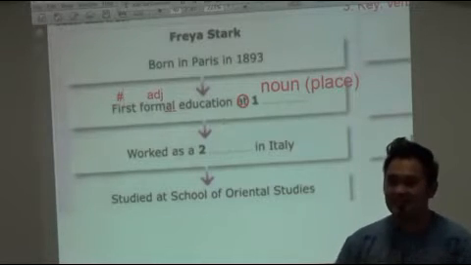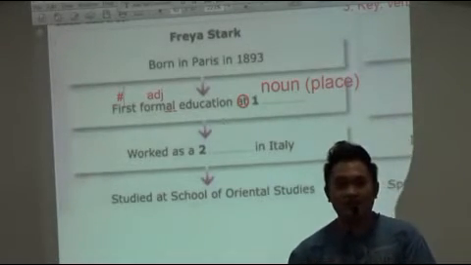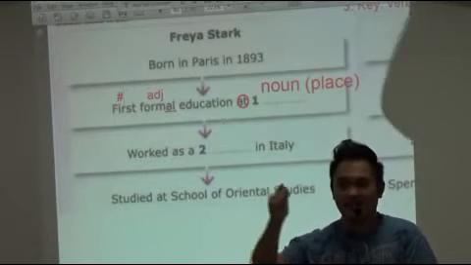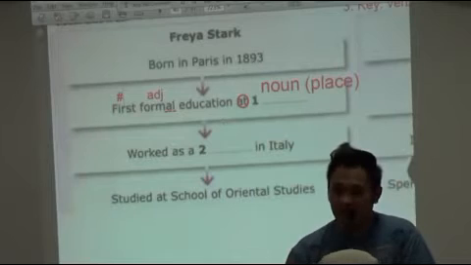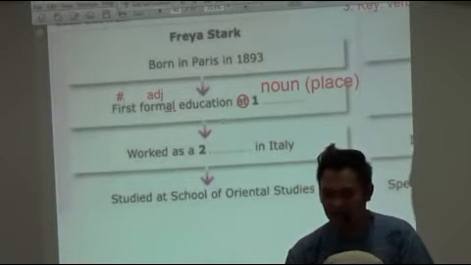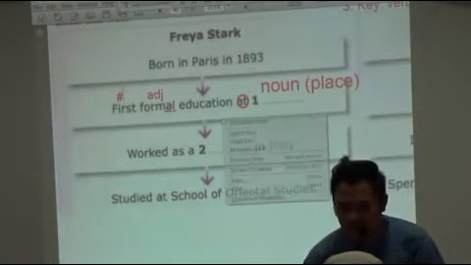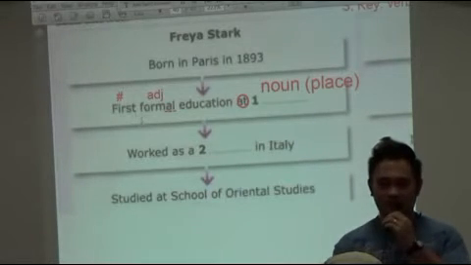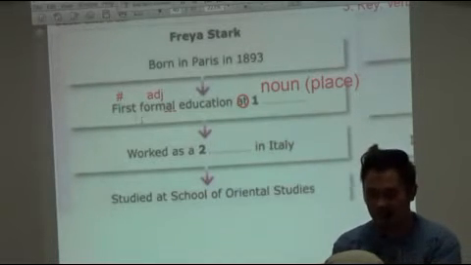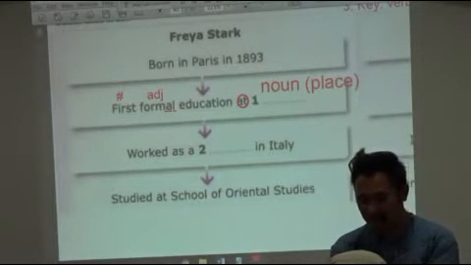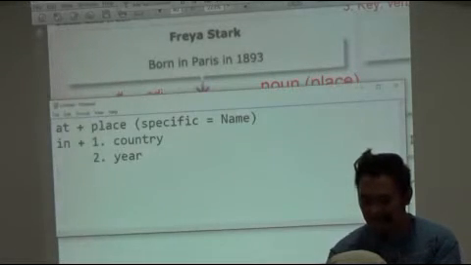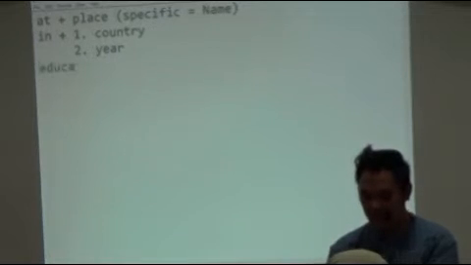Now remember, in the test, your keywords, verbs, adjectives, negative, number will be paraphrased. Try to avoid the same word. I'd like you to think about formal education. Everybody say formal. Education. What does formal education mean? A bit of vocabulary. In English, we have two kinds of education.